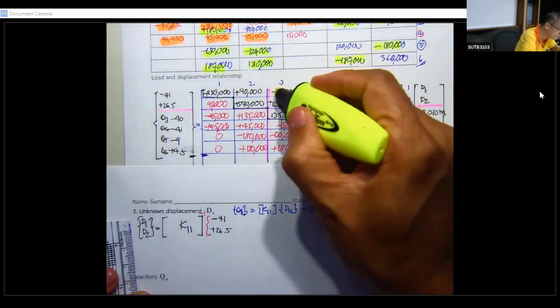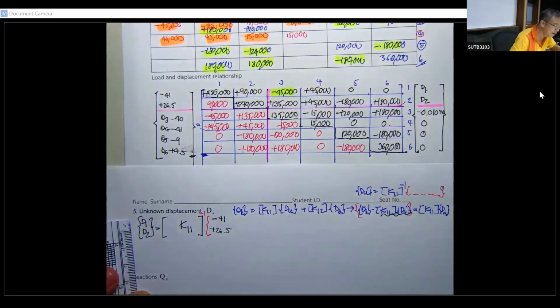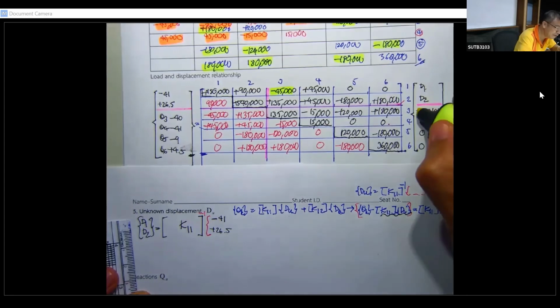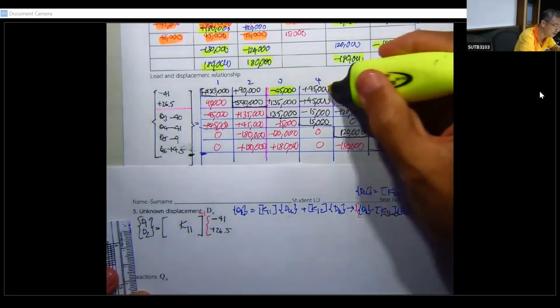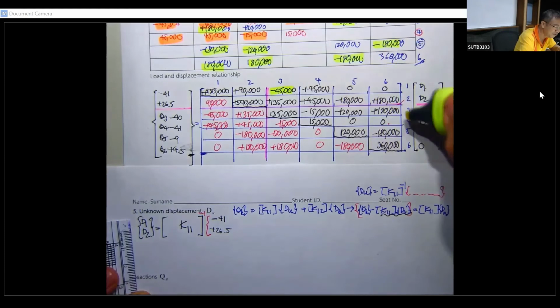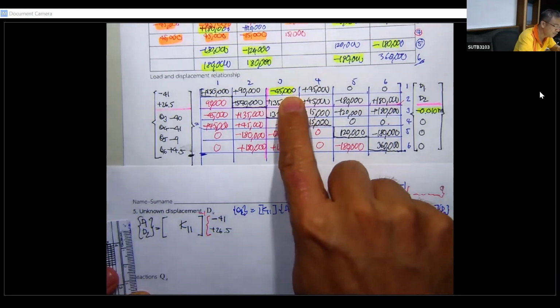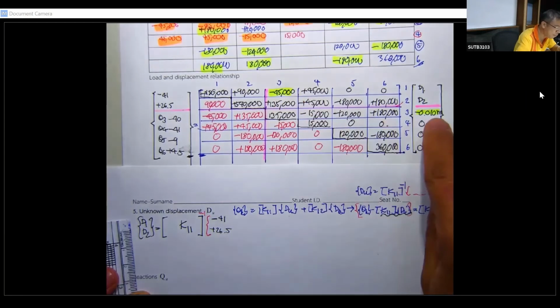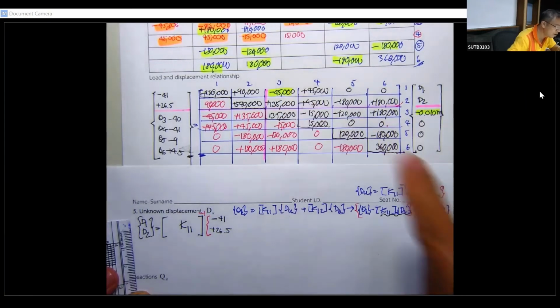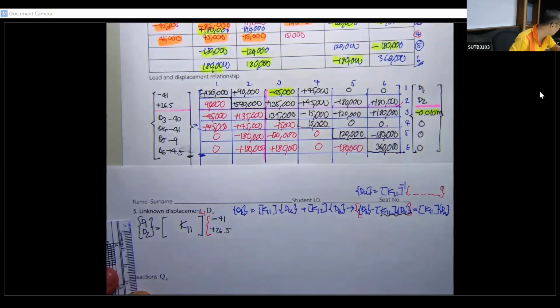This one, okay, times this one. The other will times 0, okay? That is going to be what? 45,000 times 0.01 is going to be 450, okay?